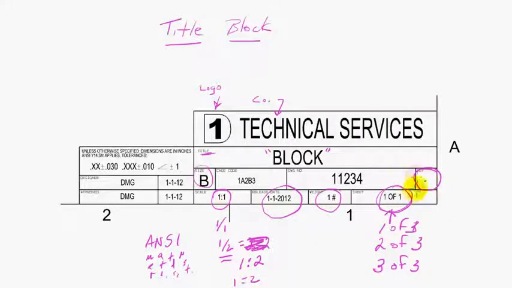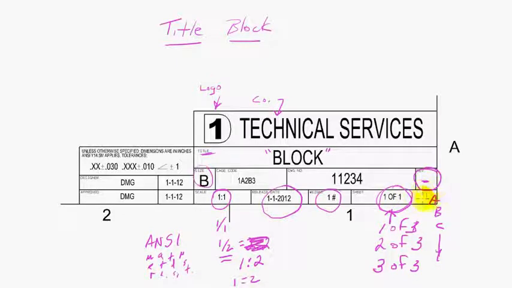And we have something called the revision, and that just means each time the drawing is revised, the drafter will increase this letter, and it starts with a dash, and then when he makes a revision to the drawing, say he adds another hole, that becomes revision A, and then we go to revision B, C, and so on. Right?